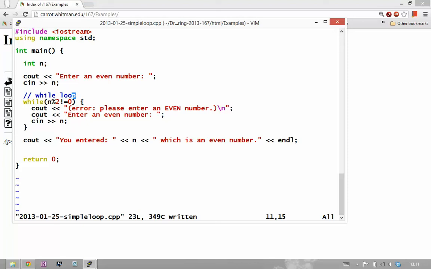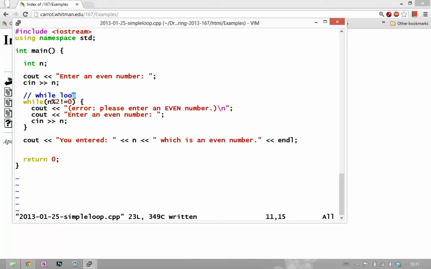So let's see how this works. I come in, enter an even number. Let's say I enter 4. So now it goes on to the while loop. n is 4. 4 % 2 is what? It's 0. Is 0 not equal to 0? It's hard to think about. Is 0 not equal to 0? It's false.